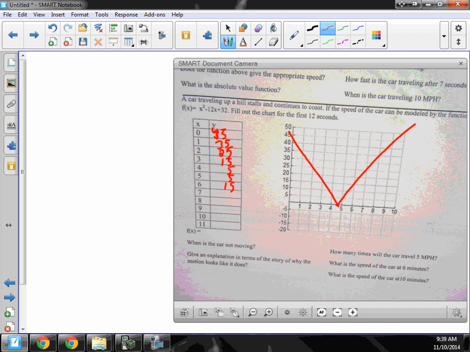It's as high up the hill as it's going to get. Give an explanation in terms of the story, why the motion looks like it does. Why is it a V shape? So it's slowing down as it goes up the hill, and once it stops, it speeds up going down the hill. Something like that.